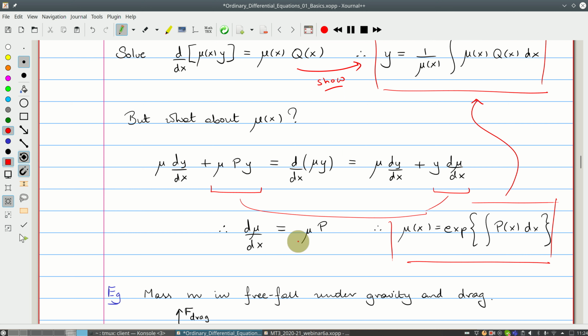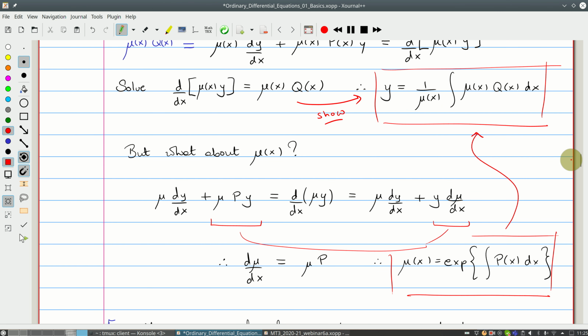D mu by dx is equal to mu times the function p, and that allows us to integrate this to get mu is equal to the exponential of the integral of p of x dx. Put that mu of x in our expression for y, and you've got the solution there. That's how this kind of a solution works.